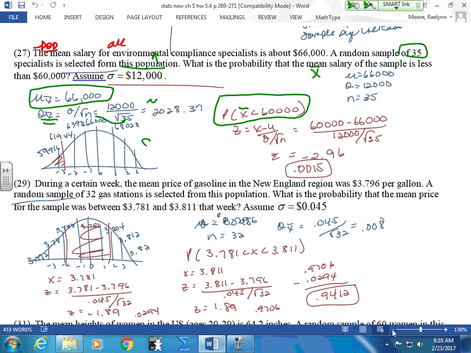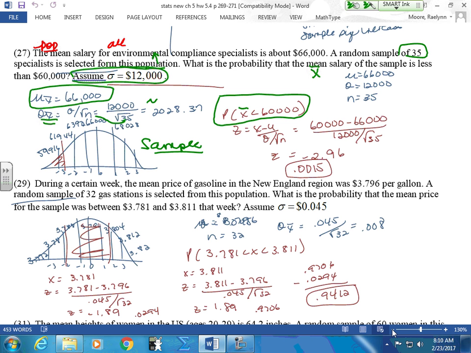This curve is for my sample. Even that's pretty high, right? They told us to assume that the population standard deviation was 12,000. So now, I look at my 60,000. It is less than 66. So I went more to the left than to the right.